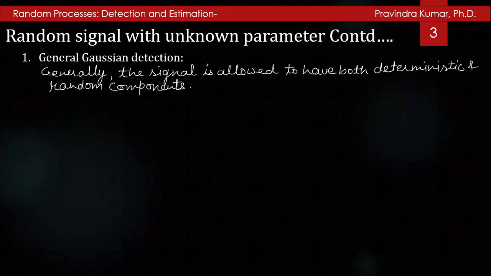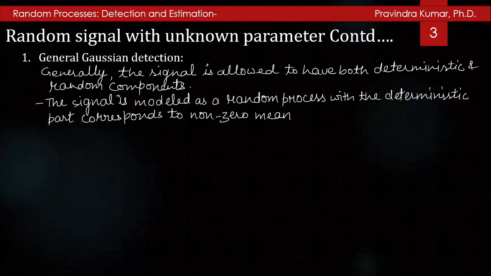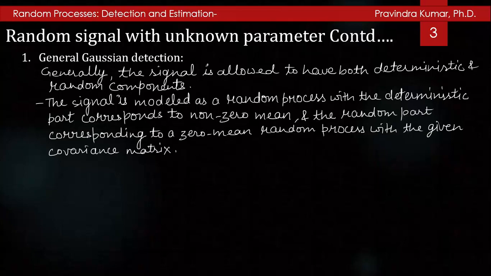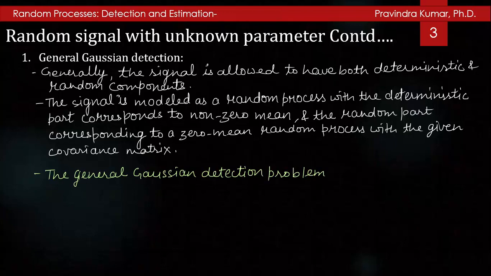In the general case, the signal is allowed to have both deterministic and random components, and the signal is modeled as a random process, with the deterministic part corresponding to a non-zero mean, and the random part corresponding to a zero mean random process with a given signal covariance matrix. These assumptions lead to the general Gaussian detection problem, in which the signal can be discriminated from the noise based on its mean and covariance.